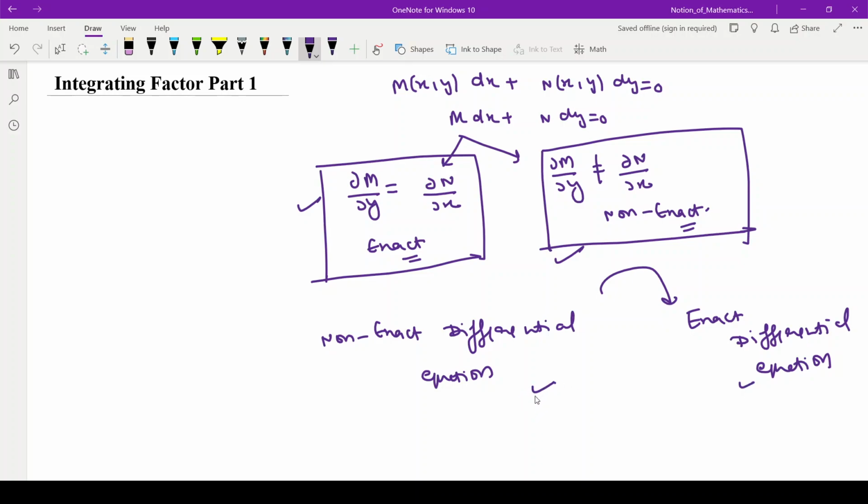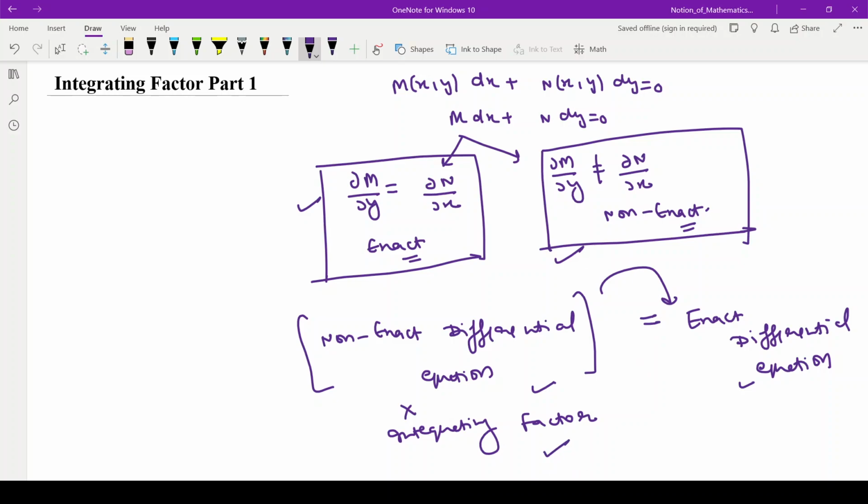But the question is how? If I multiply the non-exact differential equation with an integrating factor, then an exact differential equation will be obtained.